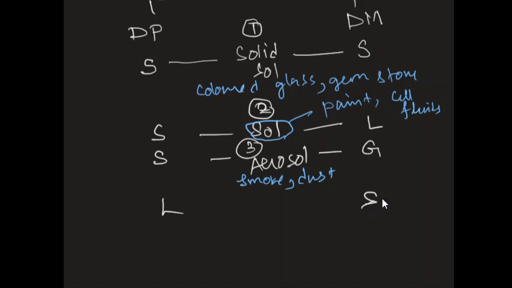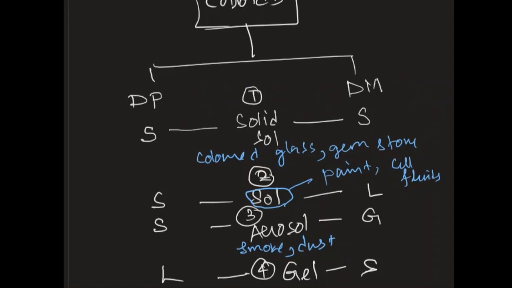It means the major portion is solid where liquids are spread. So this is called the fourth type, that is gel. Ink, gel pen, all these things. Cheese, butter, jellies, etc.